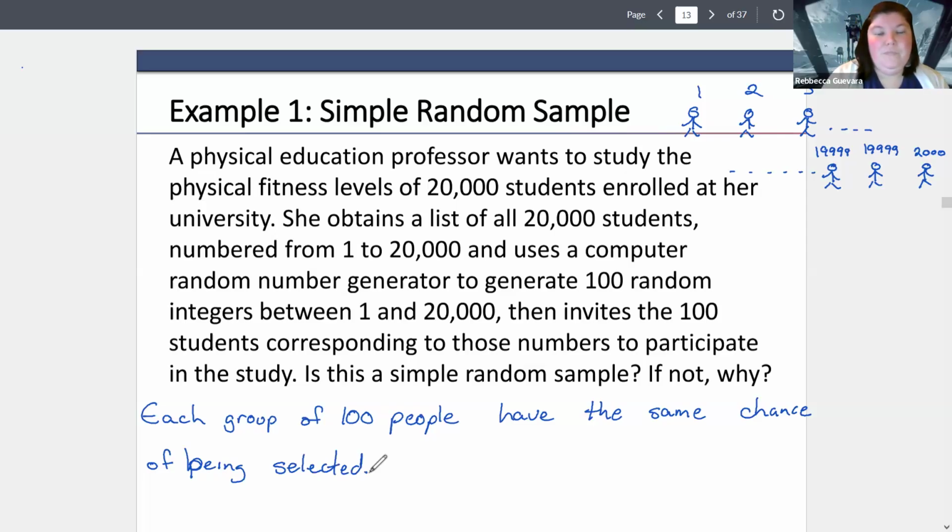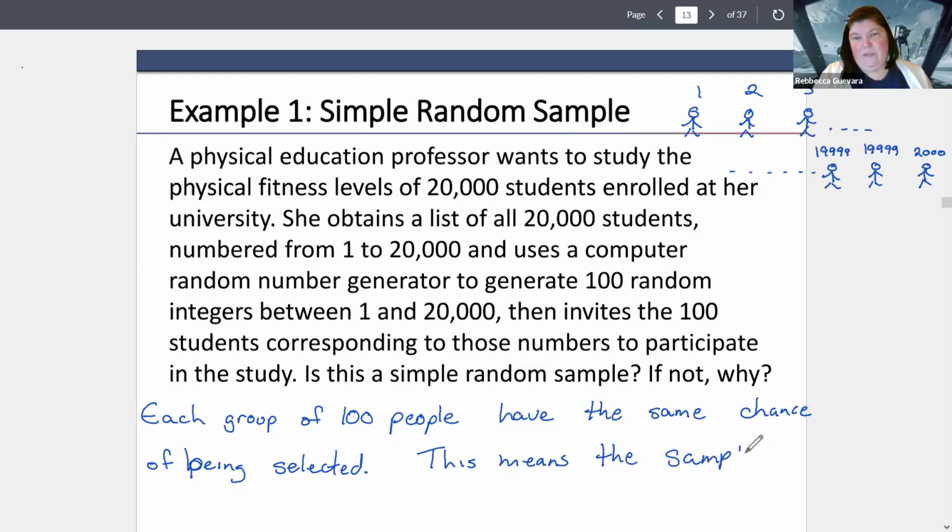We sample somebody, set them aside, generate again, sample another person, but there's nothing that makes one sample's probability any different than another's. That's what we mean by it being simple random. So by the fact that each group of 100 people has the same chance of being selected, this makes our sampling a simple random sample.